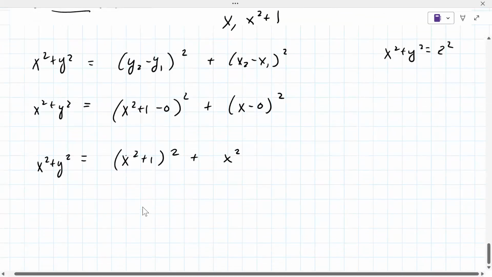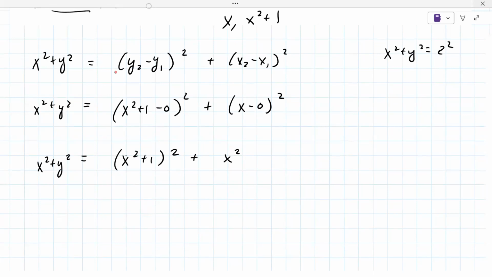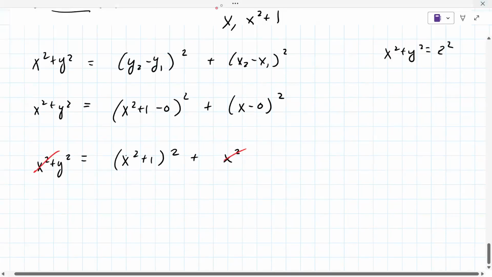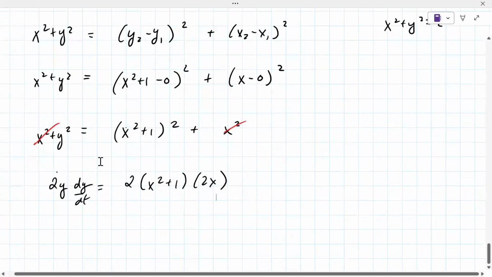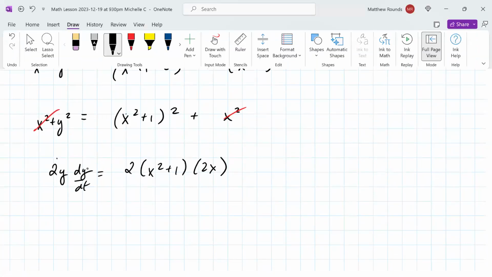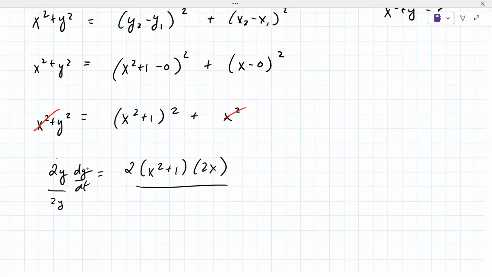One of the things that does happen here is that the x squareds do cancel. And now when we take our derivative here, we get 2y dy/dt equals 2 times (x squared plus 1) times 2x. And then you can divide everything by 2y on the left and the right.